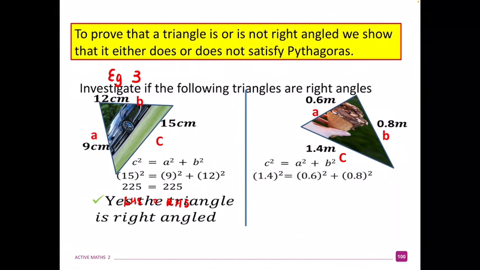This gives us 1.4 squared equals 0.6 squared plus 0.8 squared. Multiplying this out on the left-hand side and the right-hand side gives us 1.96 equals 1. Here, the left-hand side is not equal to the right-hand side.